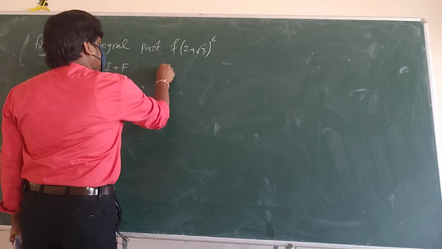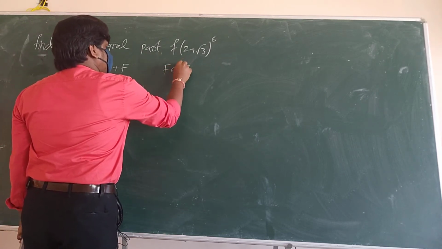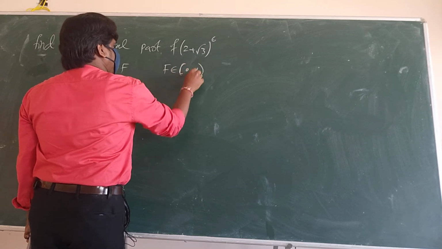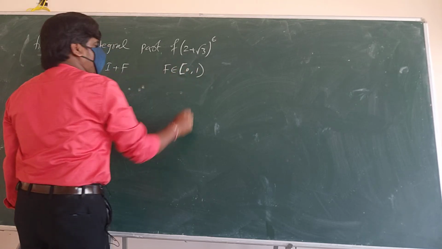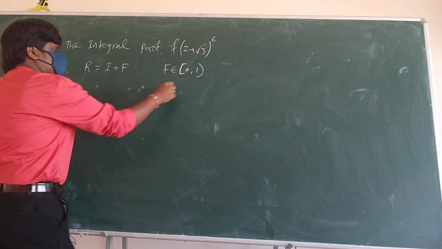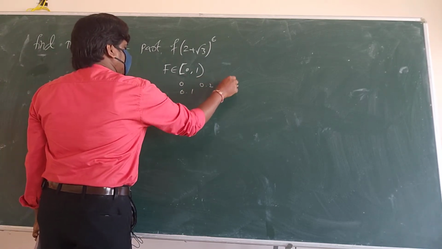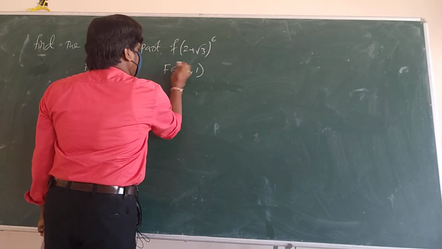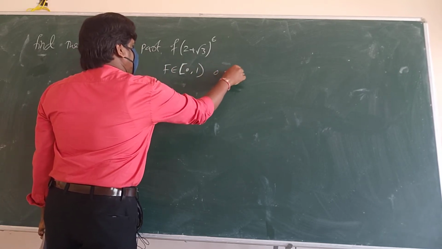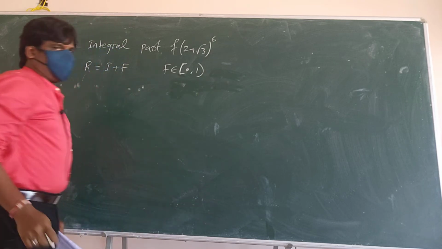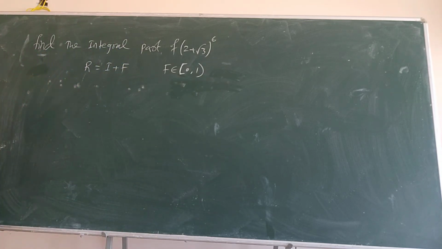And f lies between 0 and 1, open interval. That means 0, 0.1, 0.2, 0.3, 0.44, 0.329, 0.9999 like that. So any number can be expressed as I plus f.